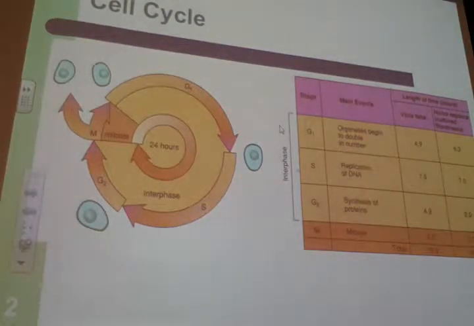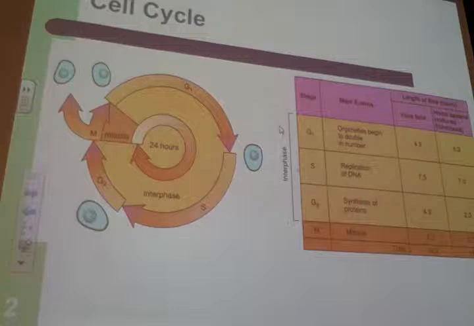And then once all the DNA is copied, it goes through a second G phase, G2, where it will grow a little bit more, certainly not nearly as much as during G1. And what they're talking about here, synthesis of proteins, is basically the proteins that are going to be needed to divide the cell.